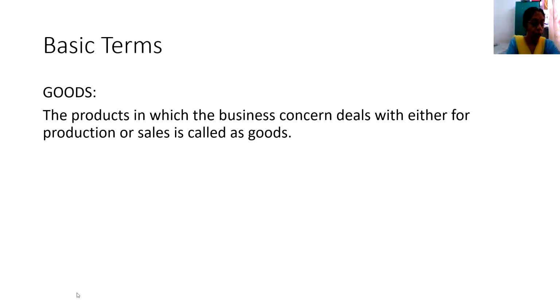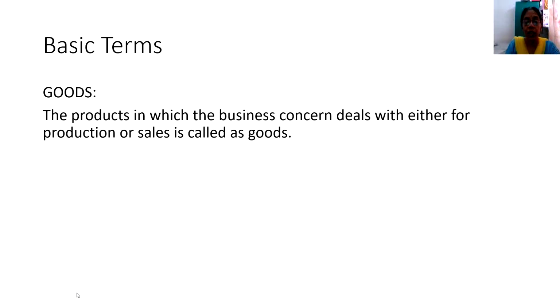Let's move further. The next word that we are going to deal with is all about goods. Now, when you take assets on the balance sheet, you find that assets refer to the utilization of the funds, and assets are categorized into fixed assets and current assets.